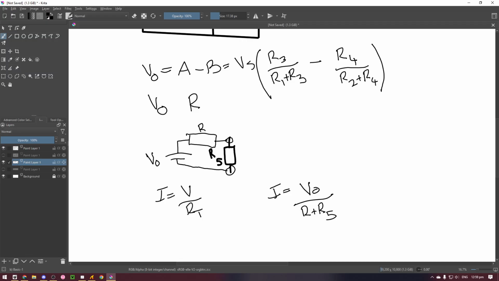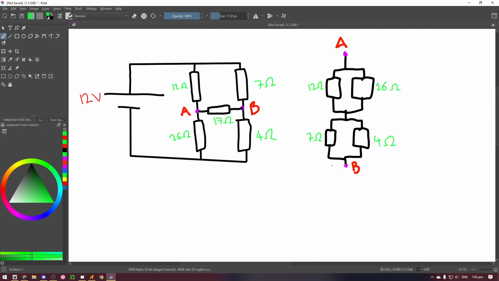Now let's do this with an example. Here is an example with some actual numbers. R1 is 12 ohms, R2 is 7, R3 is 26, R4 is 4, R5 is 17 ohms, and the voltage source is 12 volts.